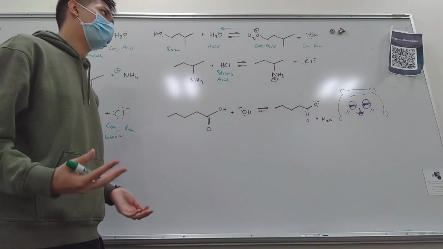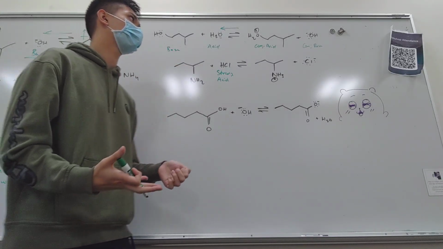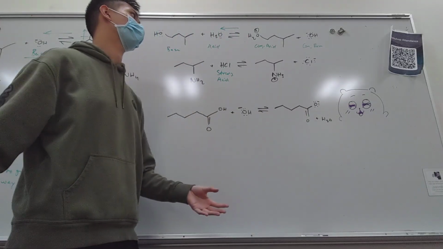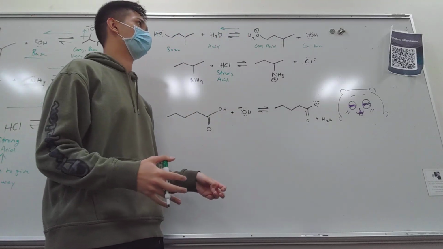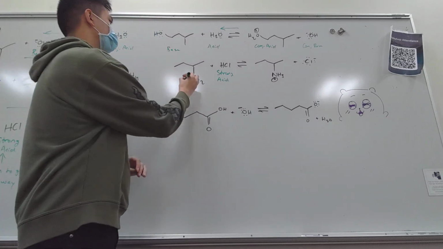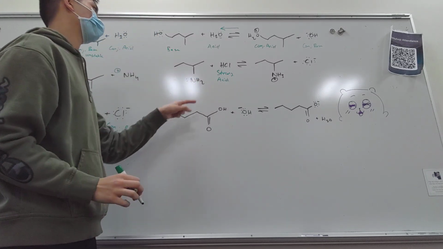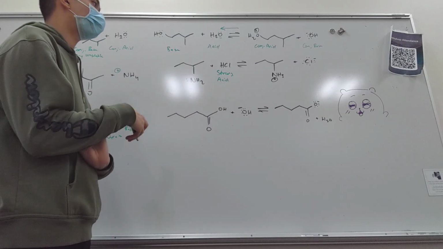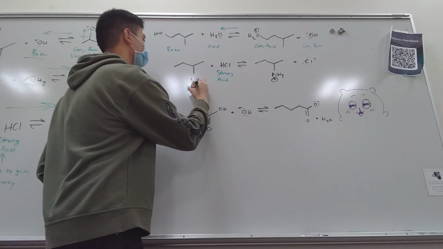It may not be as electronegative as oxygen, but in this case, the huge size of its atomic radius stabilizes it way more than having it be electronegative. And this nitrogen does have this lone pair that it can use to accept the proton, and so this is going to be the base.